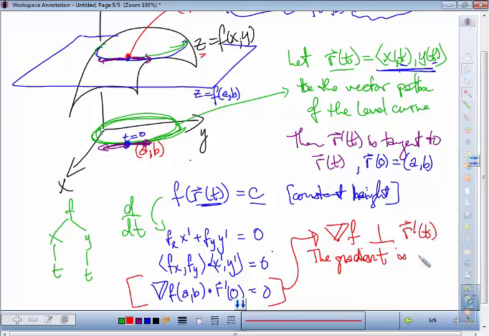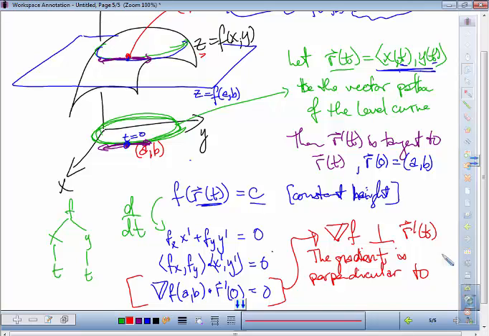The gradient is perpendicular to r prime of t, according to our equation, right? I don't want to just put r prime of t though. It represents something a little bit more. So r prime of t is a vector that's tangent to our curve.